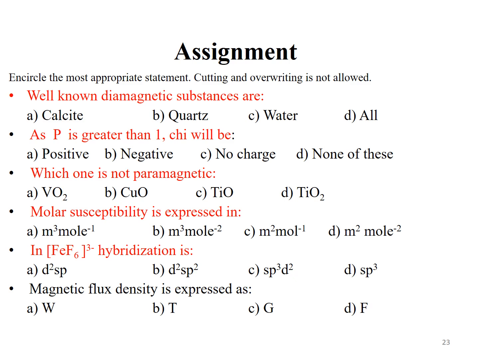For FeF6 hybridization, there are options dsp2, dsp3 or sp3d2. One of them is present in these options. The last one is on this slide: magnetic flux density is expressed as?